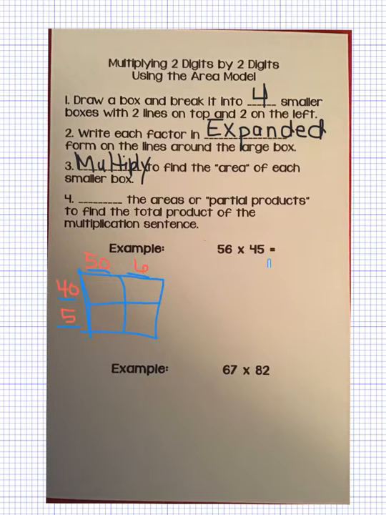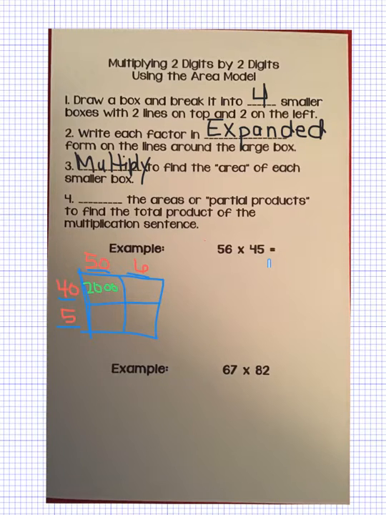I need to take 40 times 50. I can do that in my head. Remember, those are zeros at the end. So I'm really taking 4 times 5, which is 20, and putting 2 zeros on the end.